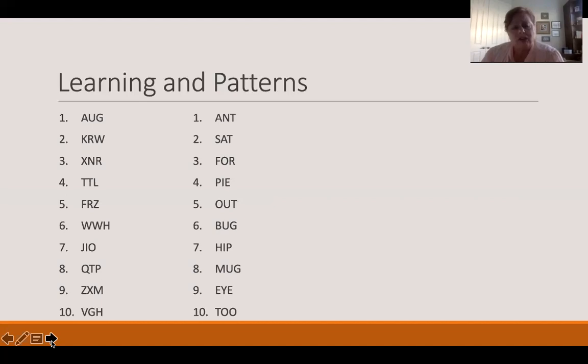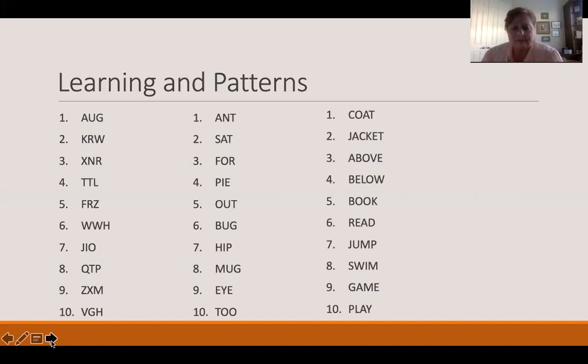So let's look at the third list. What's different in the third list is not only are these real words, but they have a meaningful connection to each other in pairs. The way they're connected isn't identical.